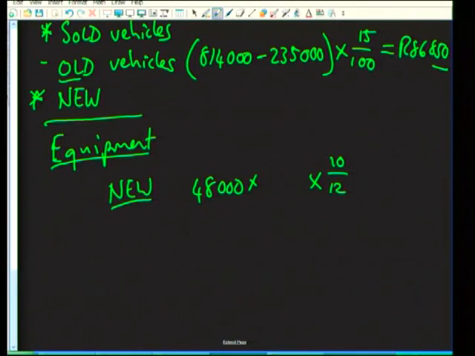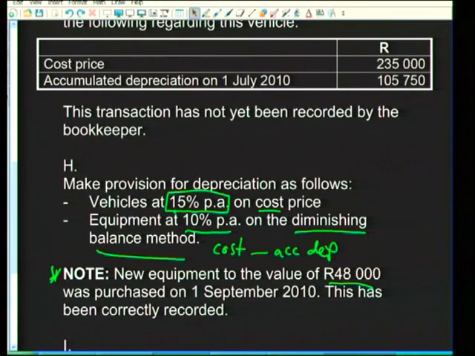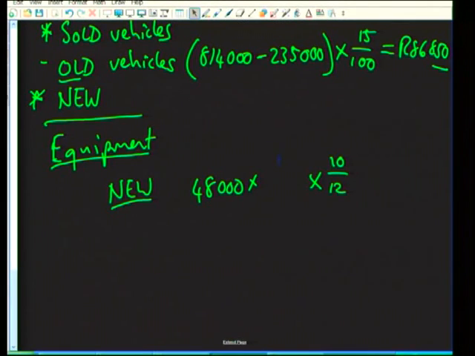So all we need to calculate if we want to work out this year's depreciation is the answer to the sum, 48,000 times by the depreciation rate, which the question gave us as 10%. And because we kept the asset for 10 months, we're going to multiply it by 10 over 12.